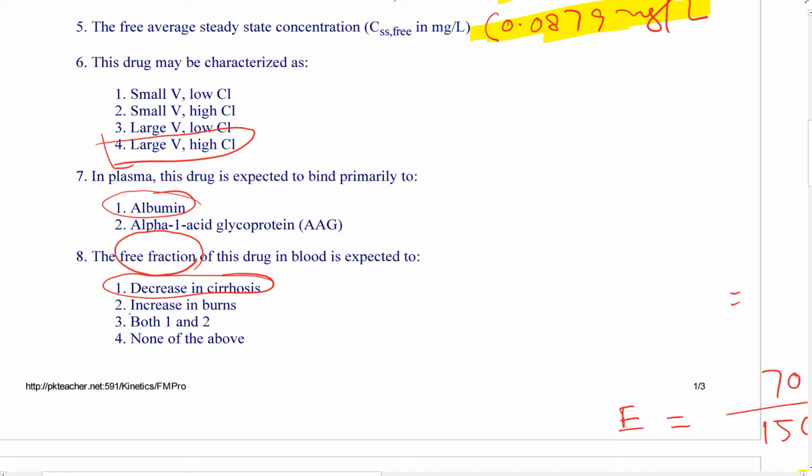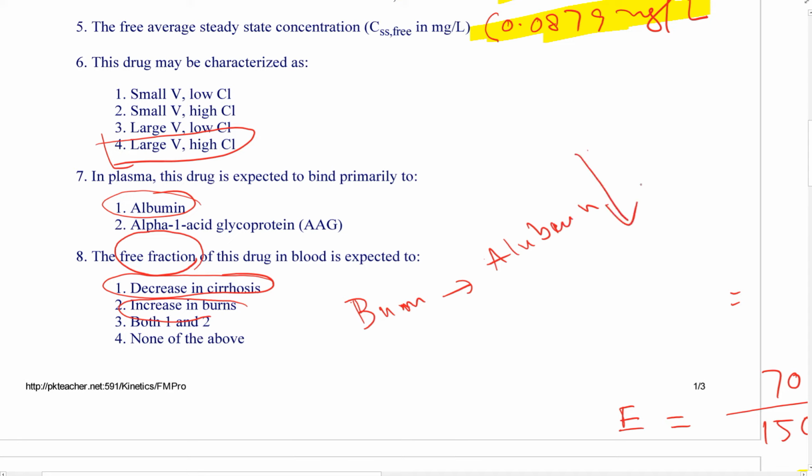So what is going to happen in the case of burn? Free fraction is going to increase, because burn causes albumin concentration to go down.